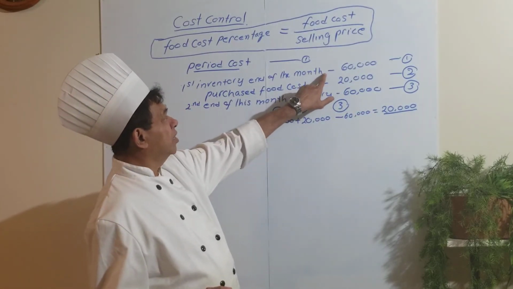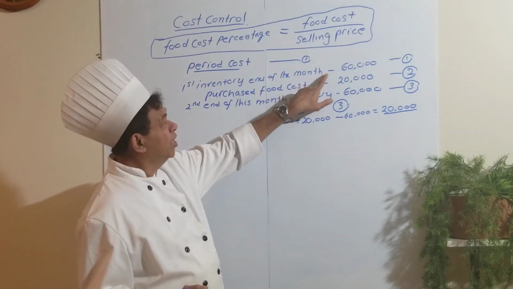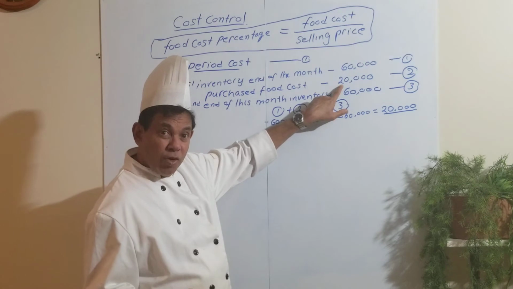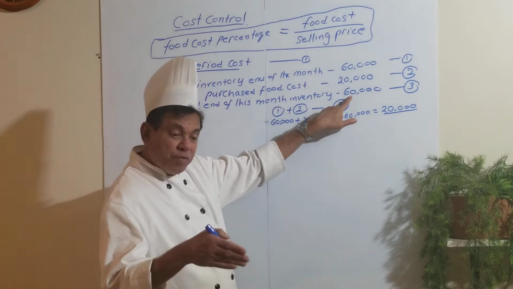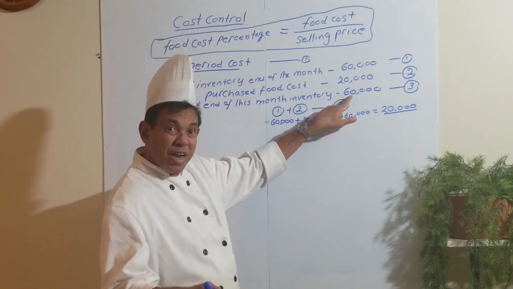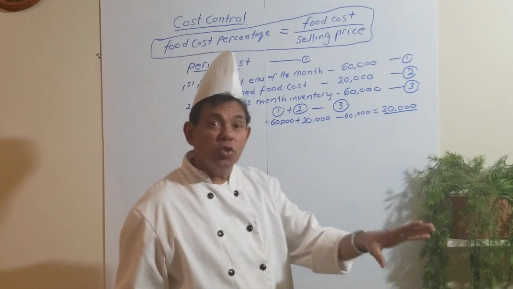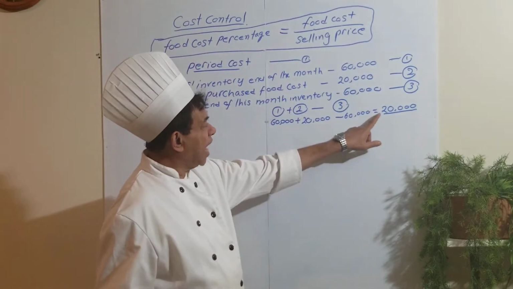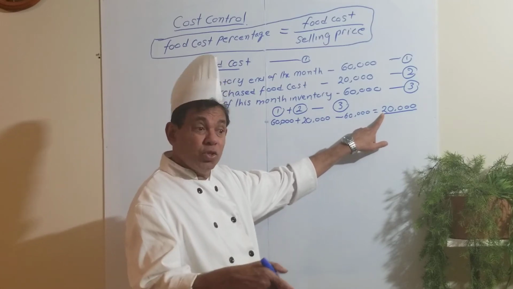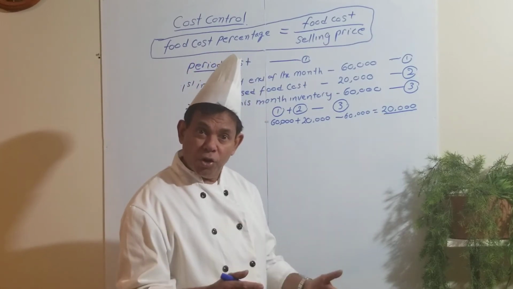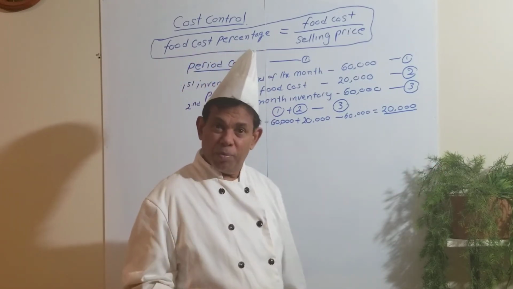The beginning of this month inventory plus how much food I bought, added together, minus the end of this month inventory, gives the value of the food which I use from the storage. That is my food cost for this particular month, the whole food cost I took from the storage for cooking purposes.